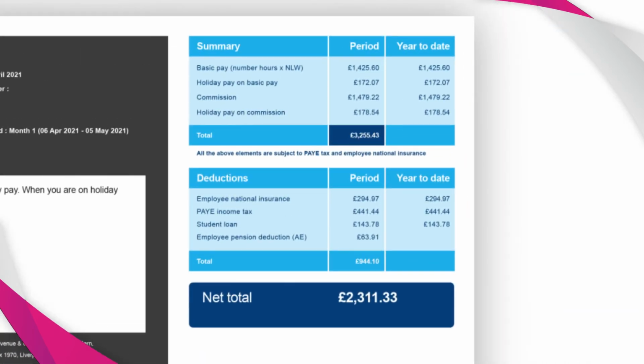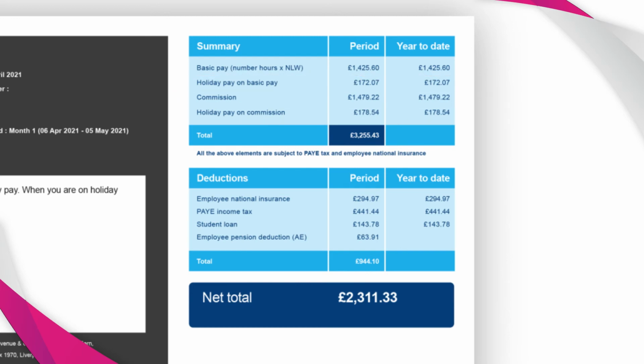This pulls through to the payslip area, which is the blue area at the top of the payslip. You will see that here in the summary section, your pay is broken down into different elements, but the total at the bottom of this section matches the total at the bottom of your summary, £3,255.43. Your pay is comprised of basic pay, commission, and holiday pay on basic pay and commission.